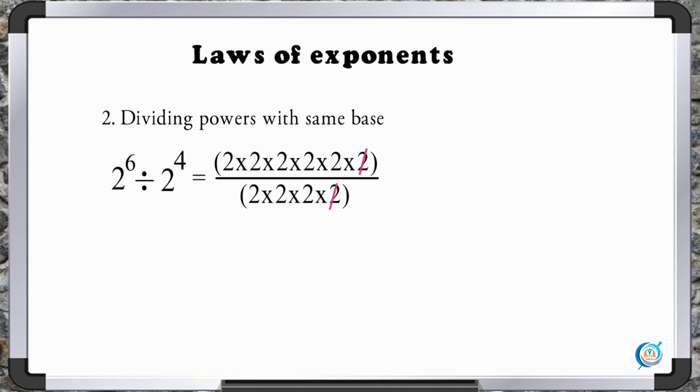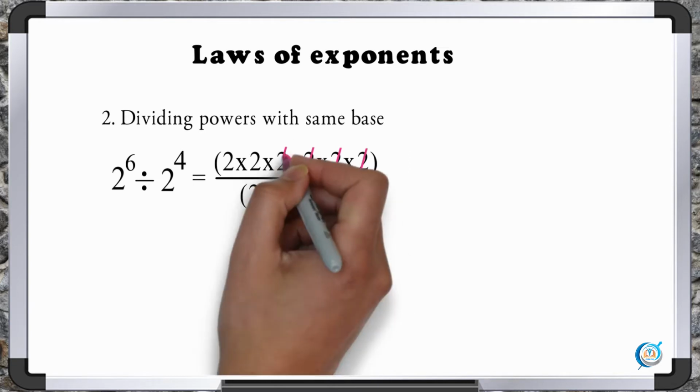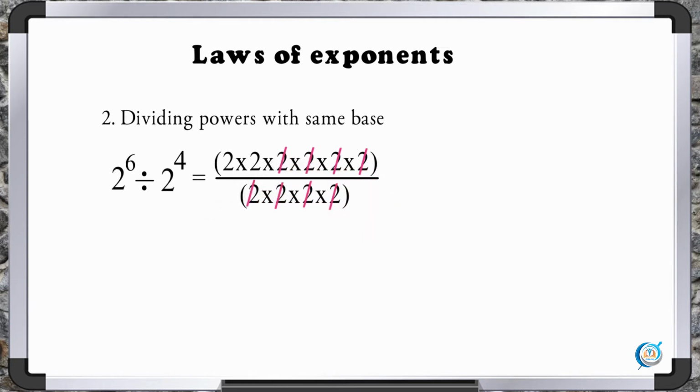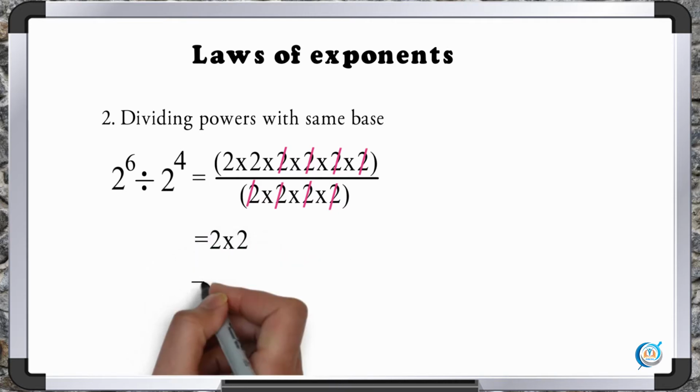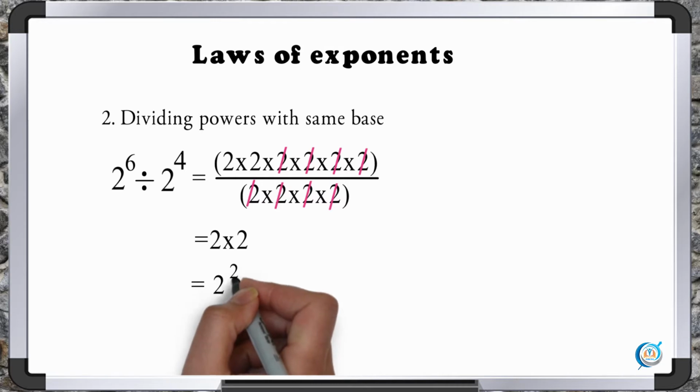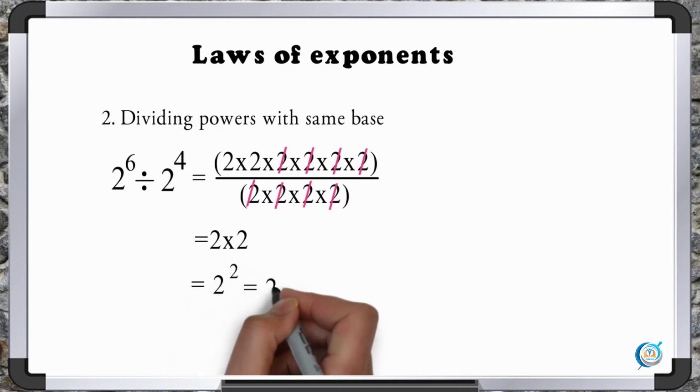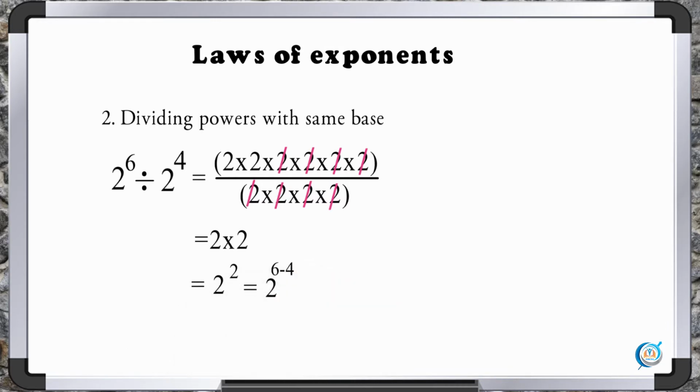So we can cancel one 2, one more, one more and one more, and the balance will be 2 into 2, that is 2 power 2, which is written as 2 power 6 minus 4.